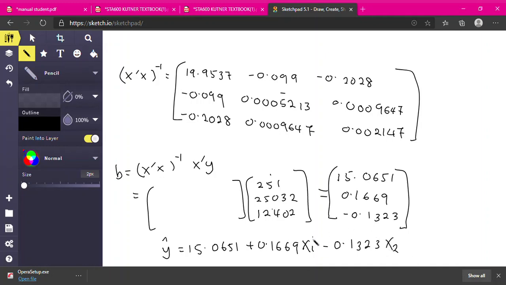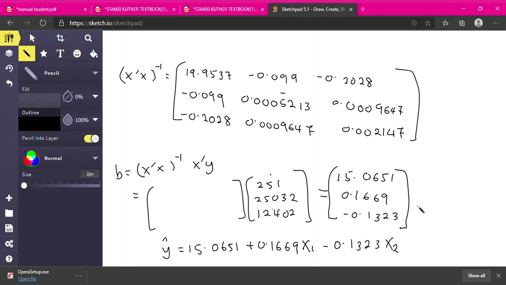How to interpret this coefficient? We can say that when x2 is increased by 1 unit, you must state its unit, then the mean of y will be decreased, decrease because it is negative. The mean of y will be decreased by 0.1323 unit when the other variable x1 remains constant.